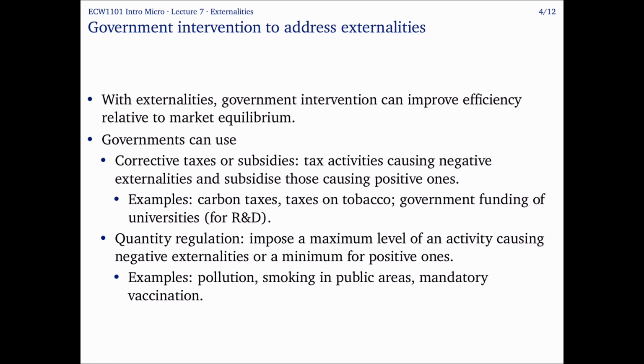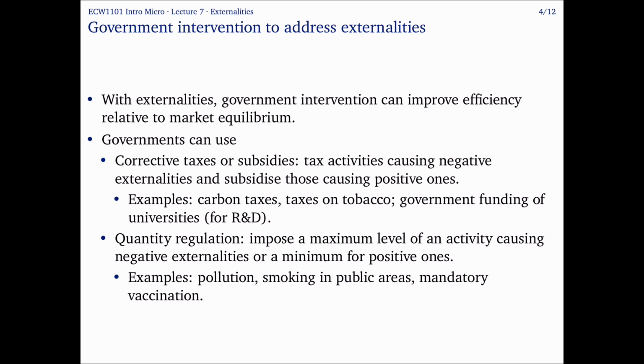The examples are things to do with pollution, emissions, and so on. In many countries now, there are taxes on, let's say, carbon dioxide emissions, what are known as carbon taxes. So let's say for cars, the more carbon dioxide emissions, the higher the registration fee for the car, for example. There are taxes on tobacco.